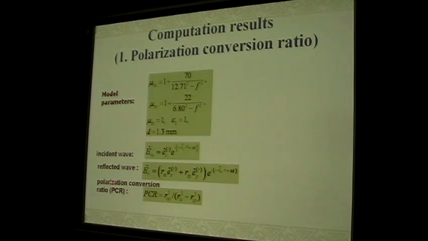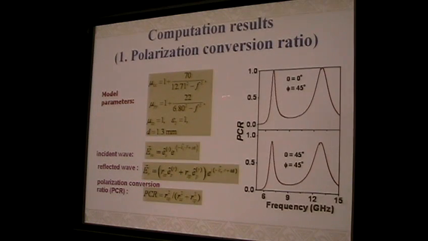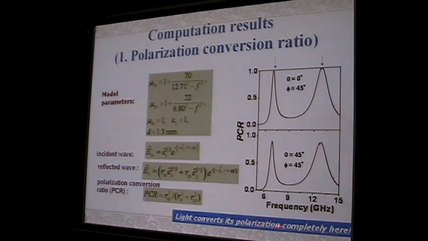Then we can define the polarization conversion ratio, PCR, a quantity that measures how much energy is converted from the original S-polarized wave to P-polarized after reflection. For this model, we found that at some particular incident angle and some particular frequency, we have two bands where the PCR value is perfectly 1. That means at these two frequencies, light can convert its polarization completely.